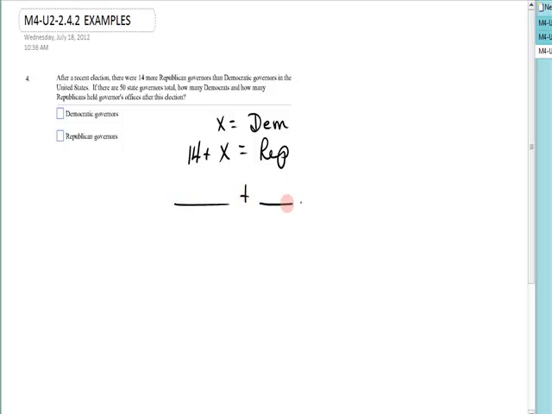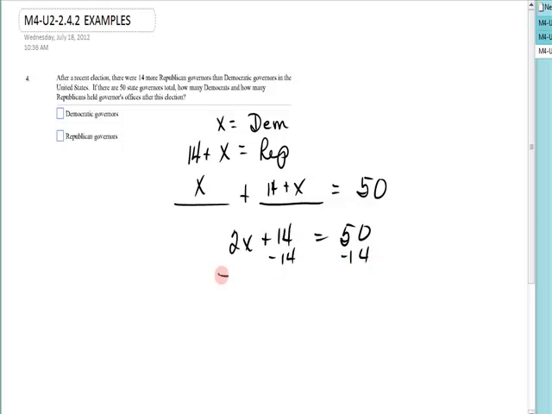The total of all of the governors is 50. The sum is 50. So the Democrats plus the Republicans add up to be 50. Combining my like terms, I have 2x plus 14 is 50. Subtract 14. 2x is 36.